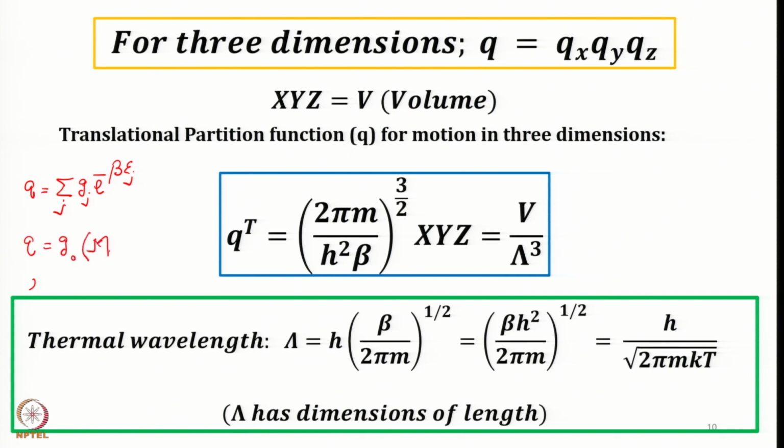Why am I saying minimum? Suppose the higher energy levels are not possible to be excited to, then only the ground state contribution will be there. So, we need the degeneracy of the ground state. E0 is equal to 0, so this exponential factor becomes 1. So, always there is a minimum contribution which is equal to the degeneracy of the ground state.